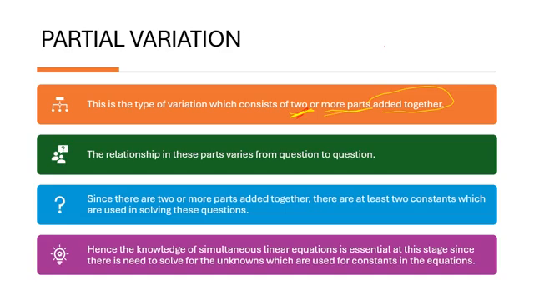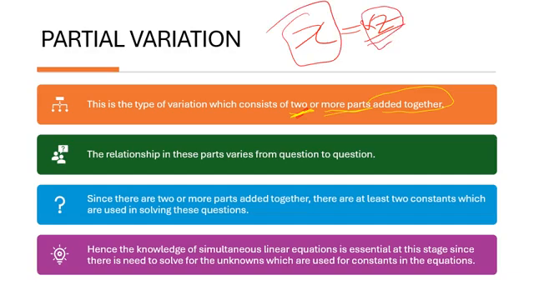For example, when we say x to vary directly maybe to z, and there's a constant there. Okay, there is only one part here, and there's also only one part here.